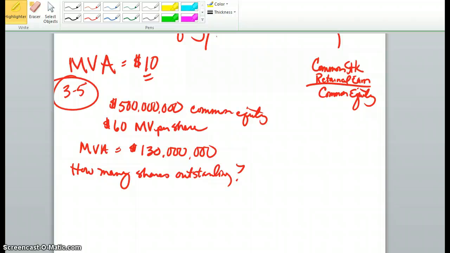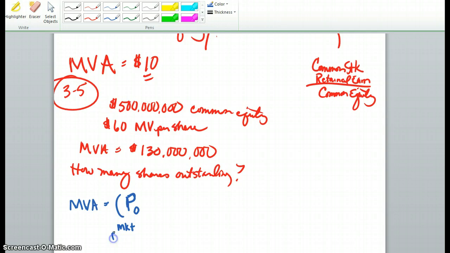So in order to calculate the market value added, I'm trying to figure out how to set this up. In finance, when we talk about the market price of a share of stock, we use P with an O subscript. I'll be using that more later.